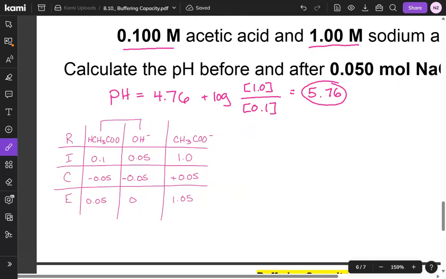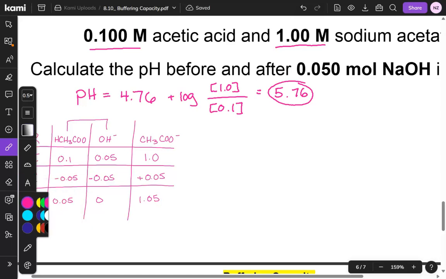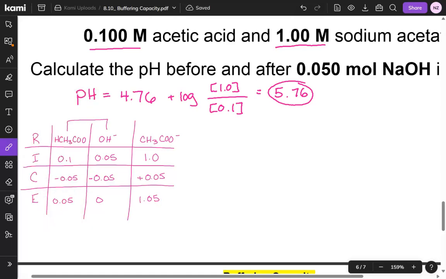So when we go to find our pH, let's see, our pH this time is going to be 1.05 over 0.05.